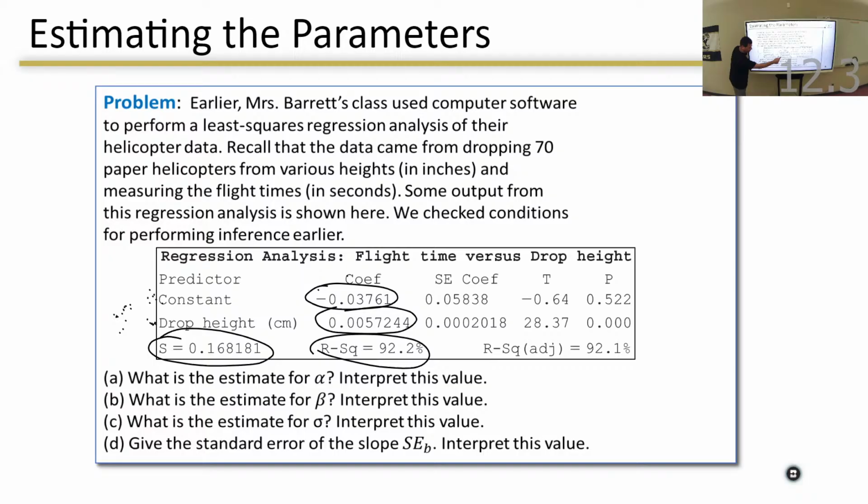If you take the square root of that, you will get R. R is the correlation coefficient. R squared is the coefficient of determination. How am I going to remember all this? That's why we've got a month to review. R squared adjusted, we don't ever use for anything, ever.